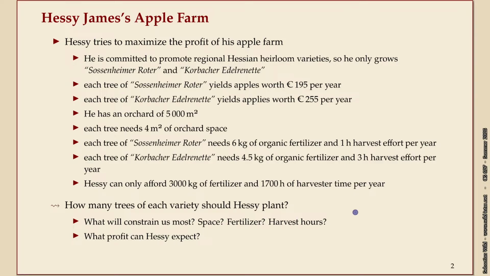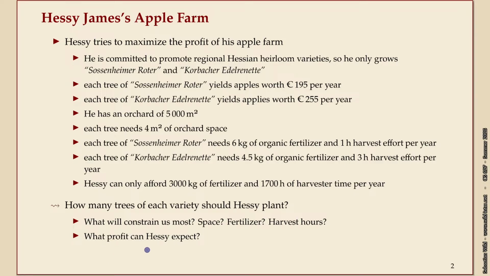Maybe you can guess how much money he can make in a year from this orchard if he picks the best combination of trees. And what's the actual constraint that hurts us, that stops us from earning more? Do we run out of space or fertilizer or harvest hours or some combination? Harvest hours? Okay.